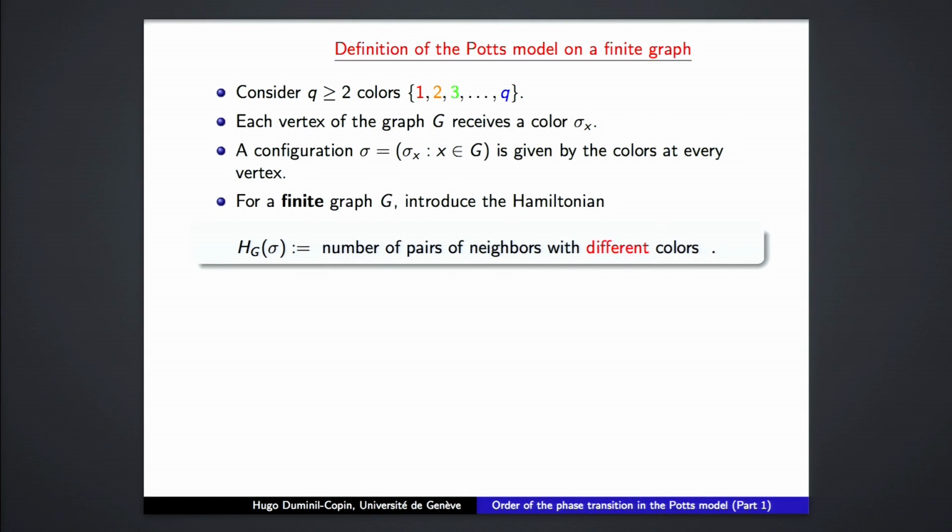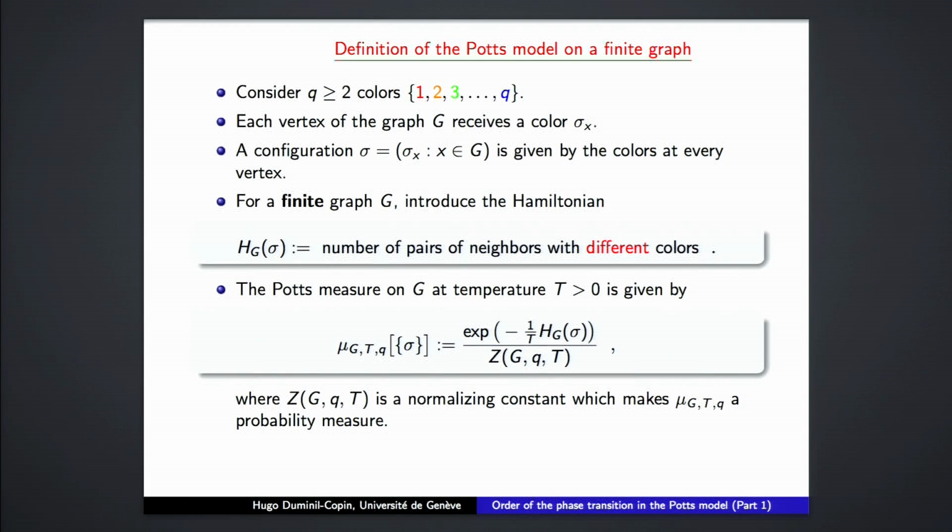So the larger this number, the larger the energy. And now I'm going to say, okay, the probability of a configuration sigma is going to be inversely related to this energy. So I'm going to say it's proportional to exponential of minus 1 over t times the energy. So the larger the energy, the smaller the probability. This constant z is just here to make this a probability measure.